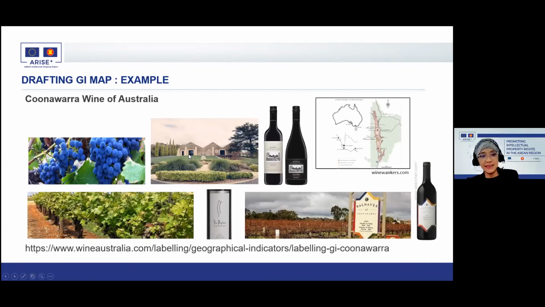Now, this is the example of Coonawarra wine of Australia. This is the map. The original map used to be like this.